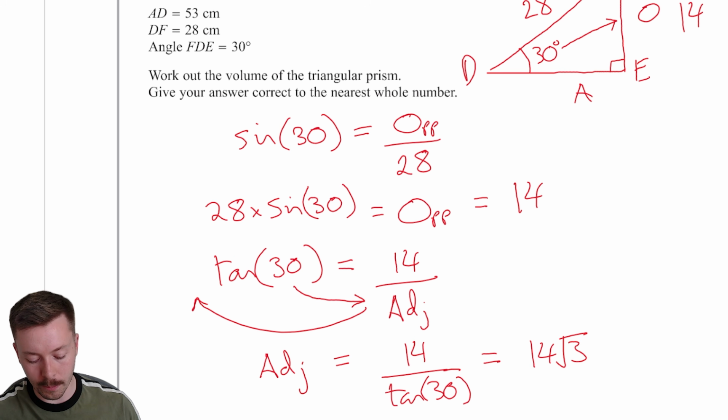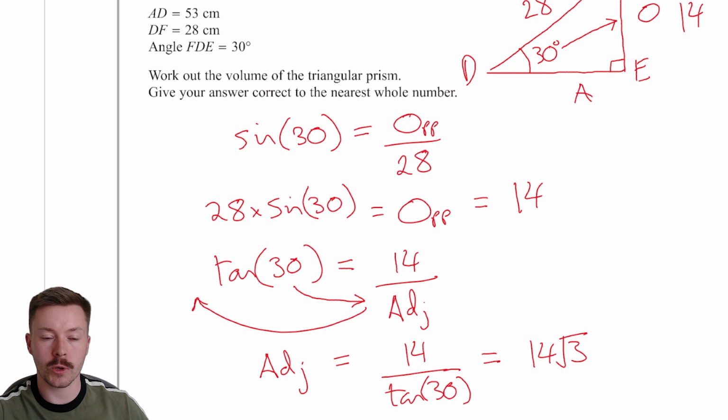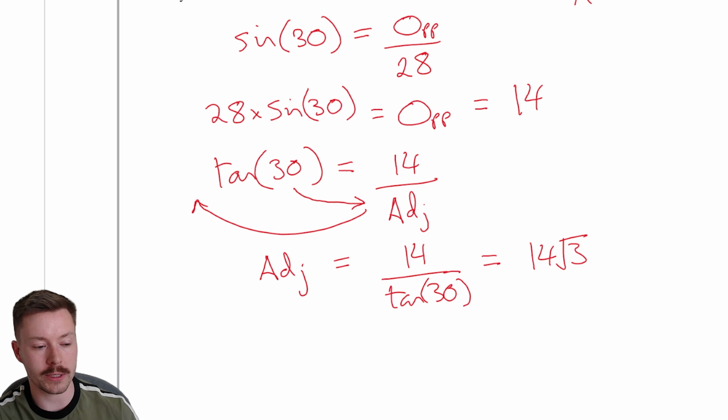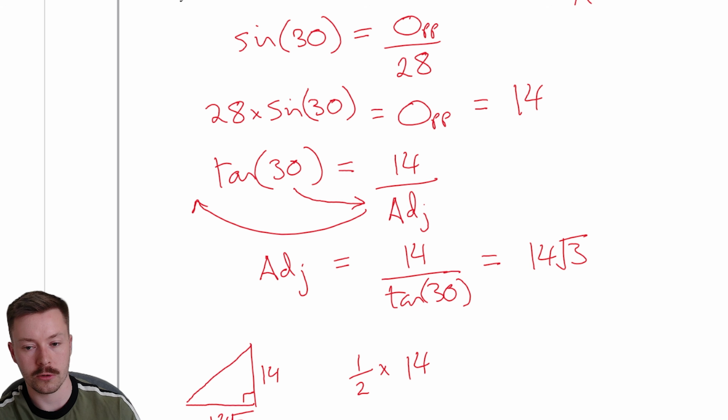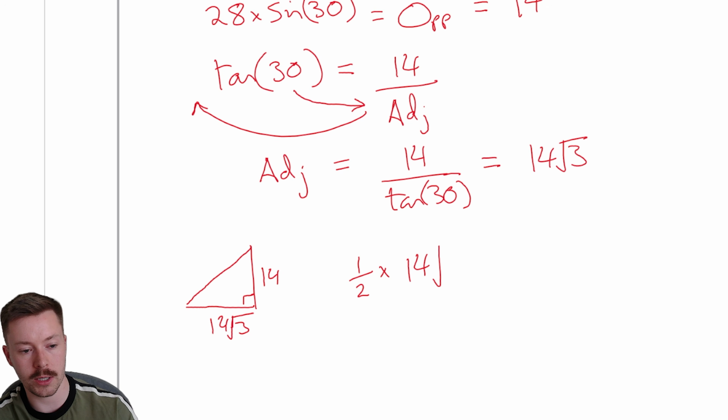Right, from there, we've got the base, we've got the perpendicular height, so we can work out the area of this triangle quite easily, really. So I'm going to draw my triangle again. I've got 14 root 3. I've got a height of 14, so I'm going to do half the base times by, scroll it down so you can see it, there we go, half the base times by the perpendicular height, which is 14.